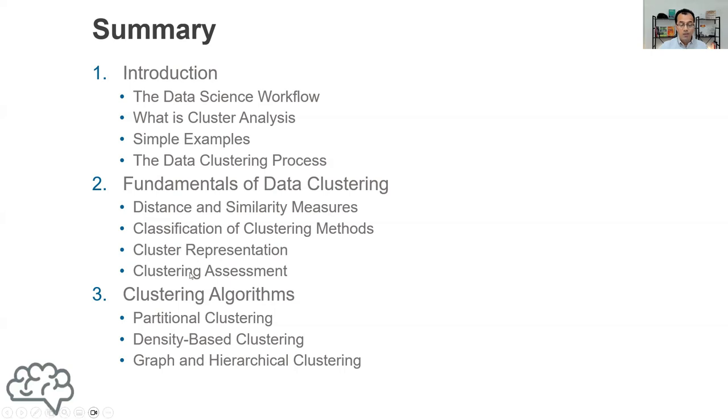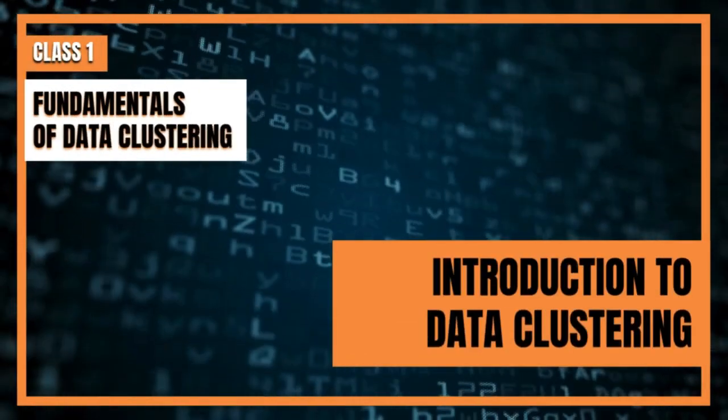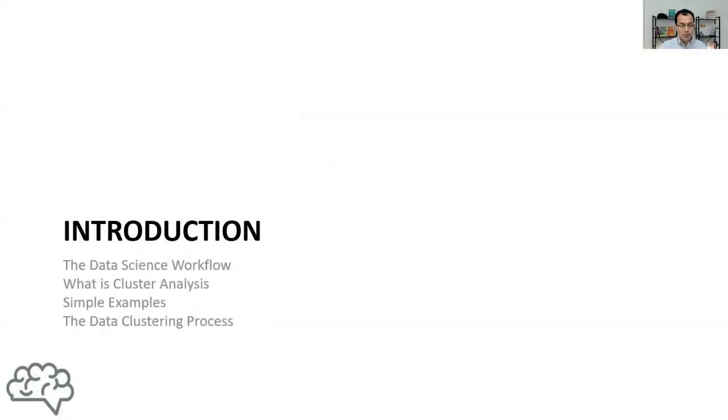Then how we evaluate the result of a clustering algorithm. And finally, we are going to present some sets of clustering algorithms divided into partitional clustering, density-based clustering, and graph and hierarchical clustering. So let's jump into it.